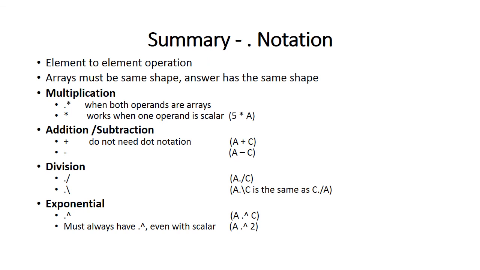For division, it's dot divide, and it's either a forward slash for normal order or a backward slash for the reverse order. And for exponential, it's dot exponential, and whether one of the operands is a scalar or not, you have to put in the dot. You can't just say a exponential 2. That won't work.